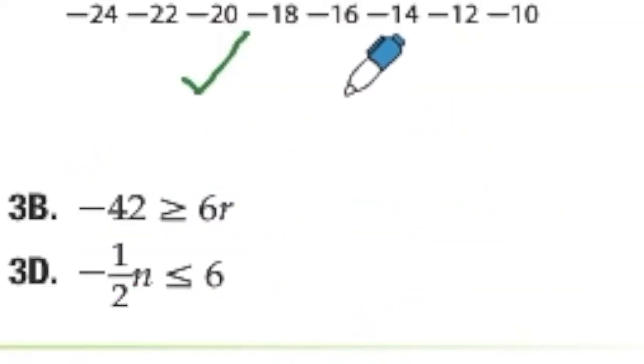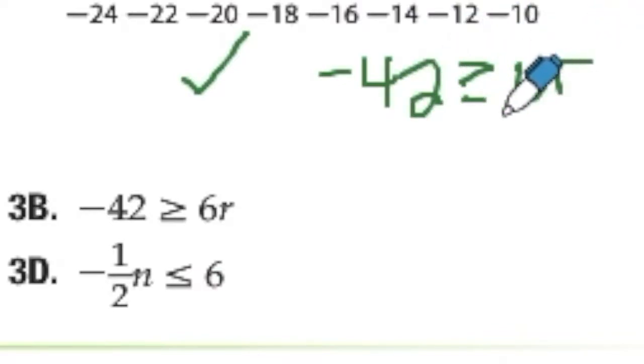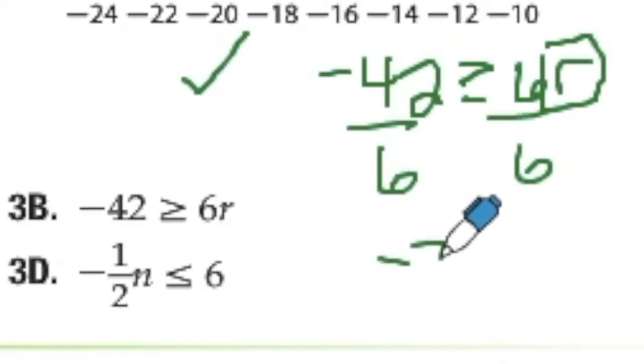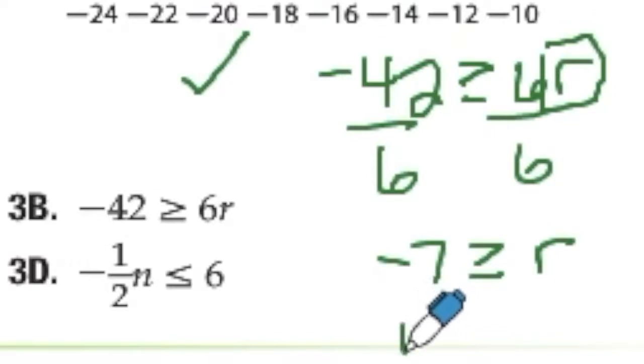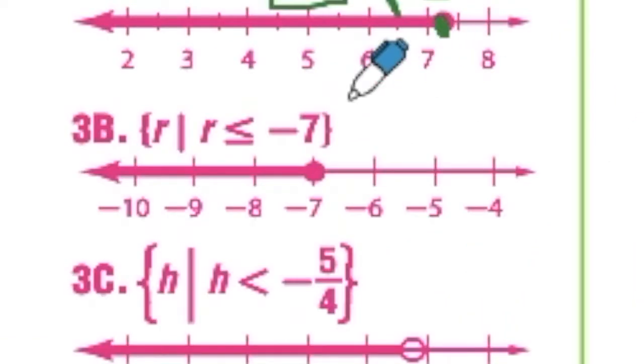For 3b, we have negative 42 is greater than or equal to 6r. To isolate the variable r, we are going to divide both sides by 6. Negative 42 divided by 6 is negative 7, is greater than or equal to r. You can write that as r is less than or equal to negative 7. That is going to be a closed circle at negative 7 with an arrow going to the left.